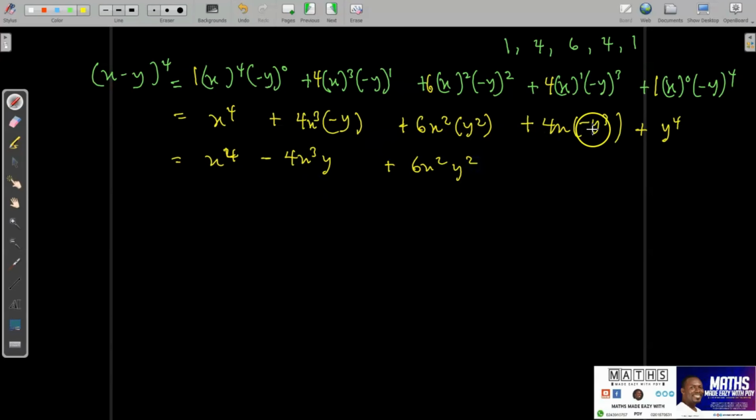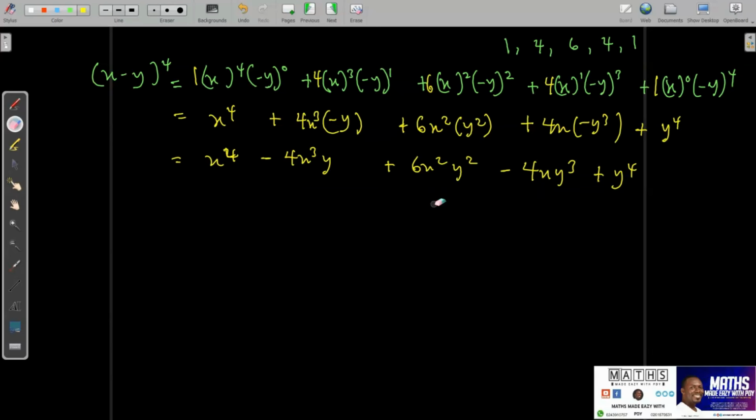And finally, over here, there's another negative sign affecting the coefficient of y. So we have negative 4x y cubed, then finally plus y to the power 4. Please, are we all okay? Yes, sir.